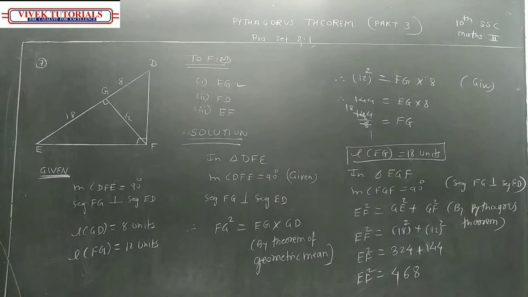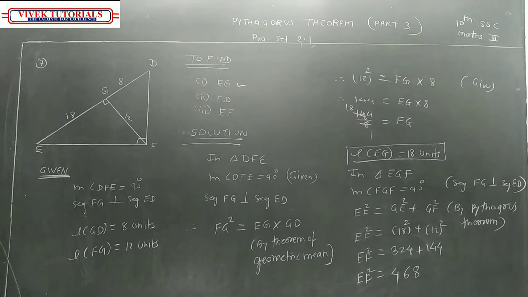Oh sorry, I made a mistake, that is 0, right? 208. Correct. Taking the positive square root, I'll get DF is equal to root of 208.